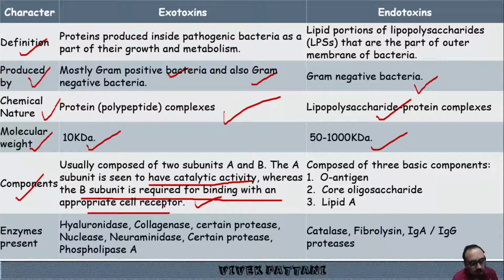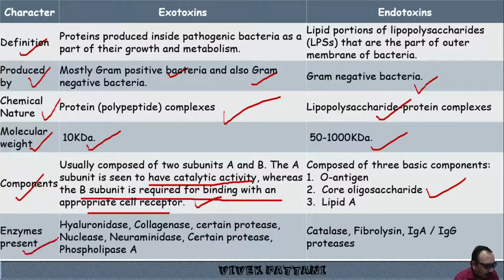I am going to discuss the basic mechanism of these subunits later in this lecture. Whereas endotoxins are made up of three basic components: O antigen, a core oligosaccharide, and lipid A.